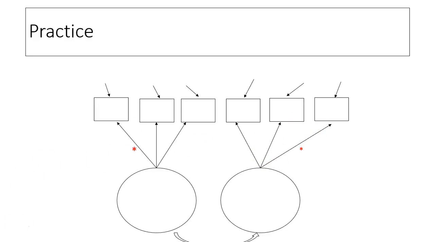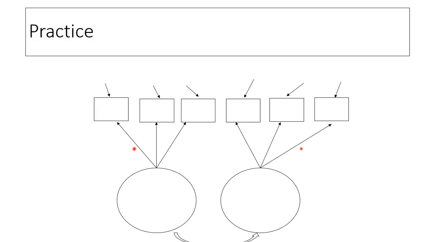But in these models, there's always one path estimate, or item loading estimate, that has to be fixed per latent variable. That's represented by those 2 red asterisks. The reason for that is that we have to set a scale for the latent variable.